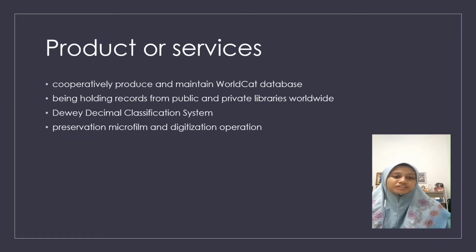That's why they maintain the WorldCat database, which holds records from public and private libraries worldwide. In 1988, OCLC acquired the trademark and copyright associated with the Dewey Decimal Classification System.